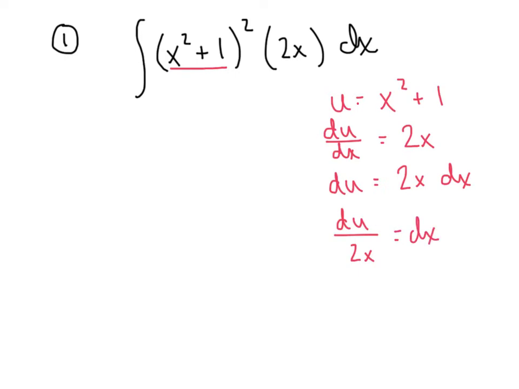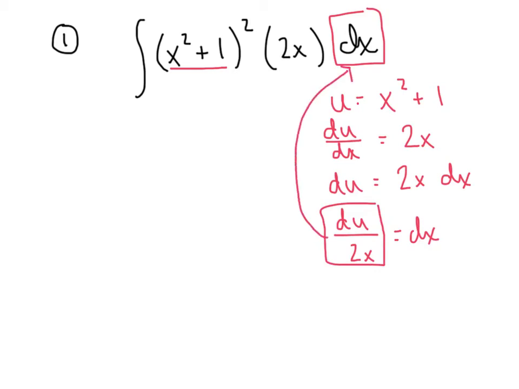I'll repeat that. My goal, once I derived it, was to solve for dx. Now the next thing I notice is, you see the dx in the original? I'm going to substitute du over 2x in for that dx right there. And I'm going to substitute my u in for the x squared plus 1. So here's what it looks like now.